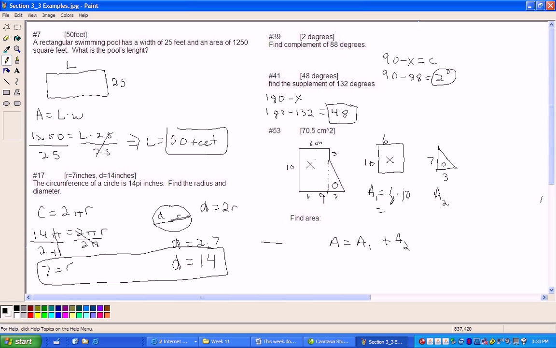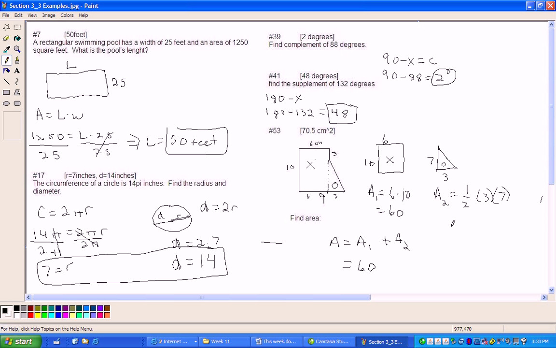Then over here for our triangle, we know it's 1/2 base times height. 1/2 base, which is 3, times height, which is 7. So if we go ahead and calculate this out, we know that 3 times 7 is 21.